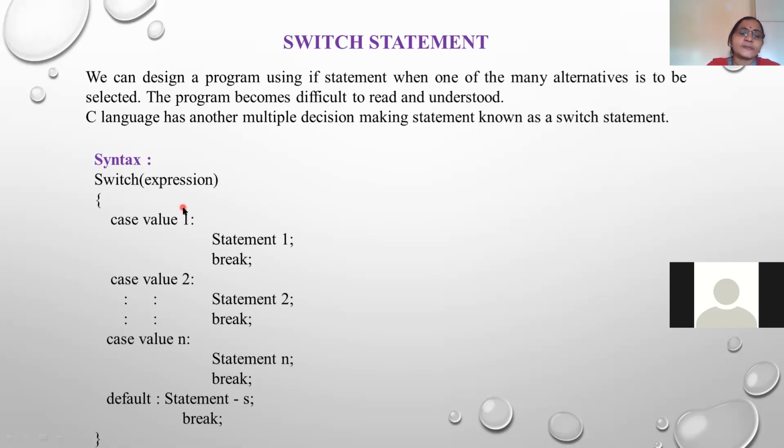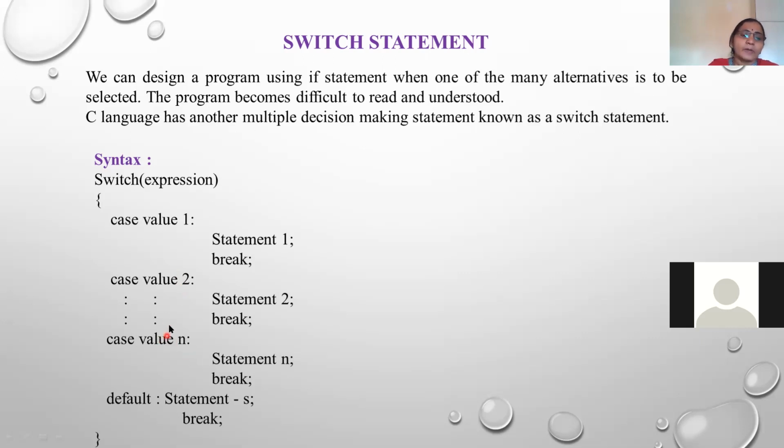If the result of the expression does not match value 1, it goes to the next value, value 2. Again it compares the result with value 2, and if a match is found, the corresponding statement 2 block is executed. Likewise, the result of the expression is checked against the available cases, case value 1, case value 2, case value 3, and case value n.